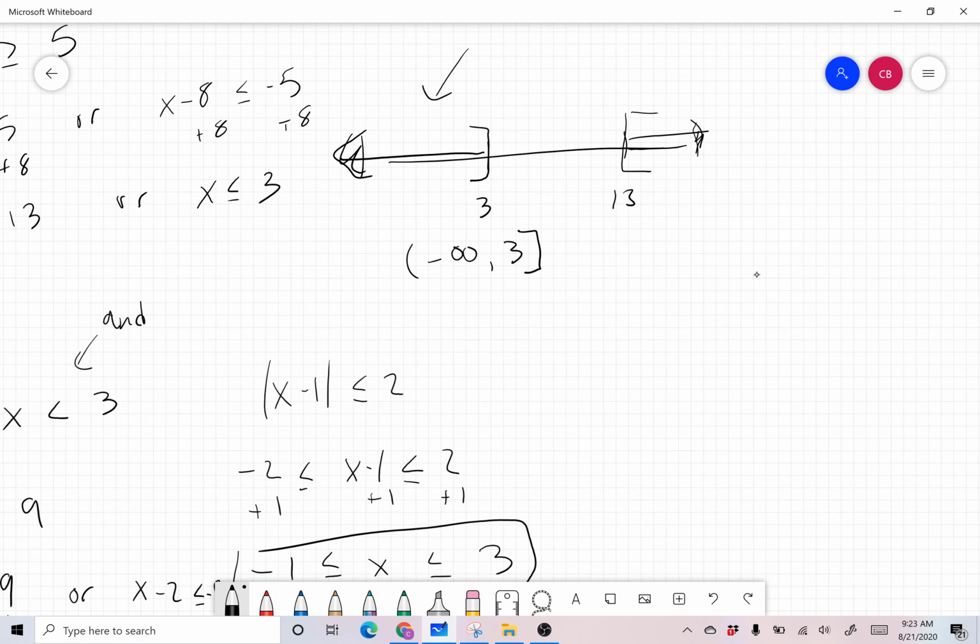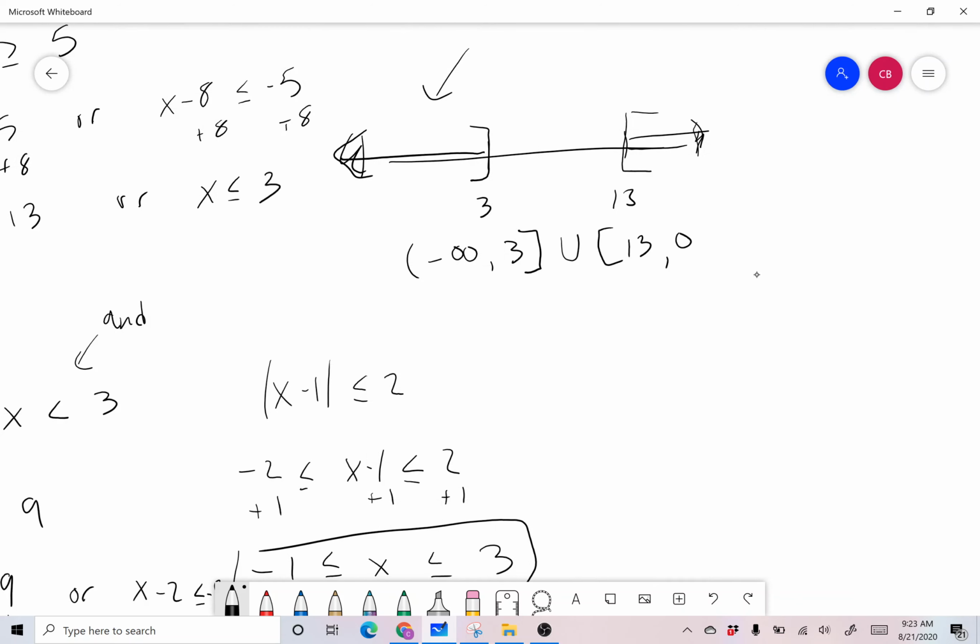Then union that with where it starts again at 13 and goes to infinity. You will need to know how to do this. This is interval notation with gaps. If you can do that, then you'll be good to go, and you can do these types of problems. You will see them on Alex, so make sure you practice them there. Thanks, guys.